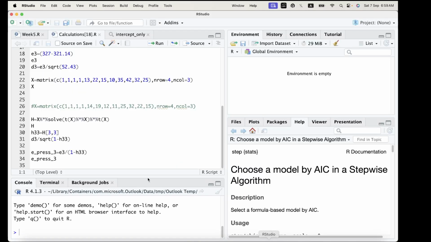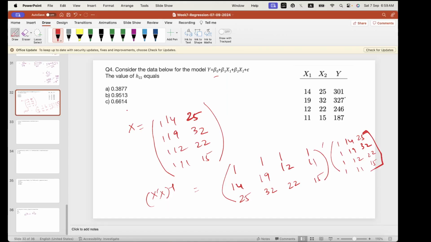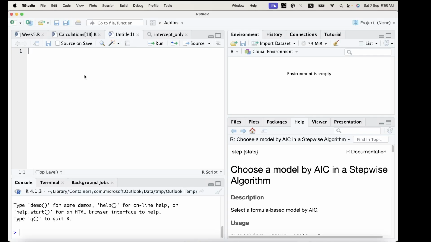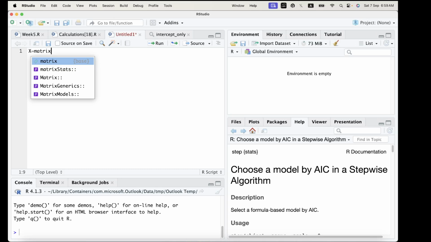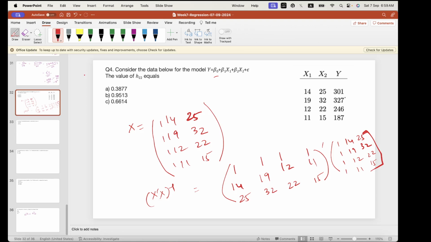So let me just do it. So here we have X equal to matrix, we'll just enter c(1, 14, 25, 1, 19, 32, 1, 12, 22, 1, 11, 15).